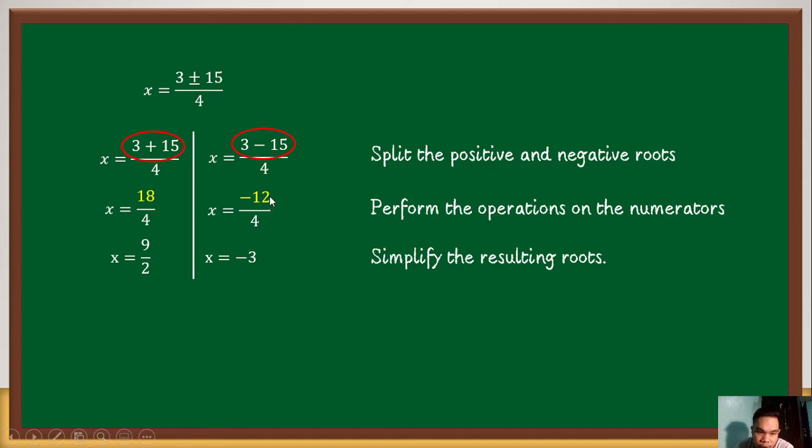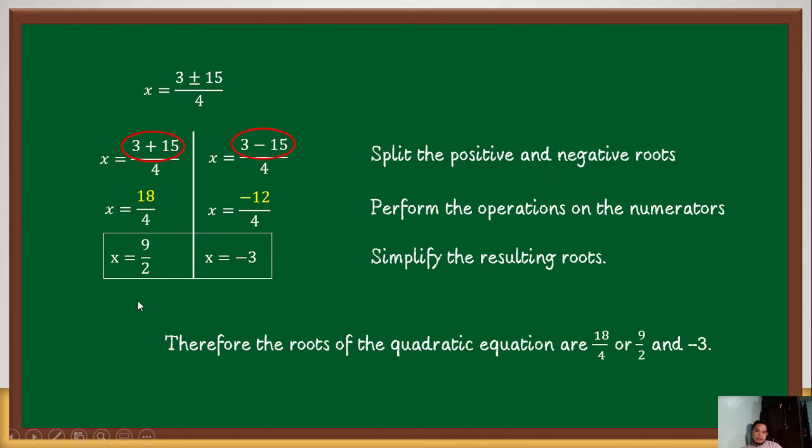And if we simplify negative 12 over 4, that will give us negative 3 over 1, or just negative 3. Now, for the final answer, therefore, the roots of the quadratic equation are 18 over 4, or 9 over 2, and negative 3. Okay, either way from 18 over 4 o kaya naman kay 9 over 2, kahit alin dyan ay i-consider ko na. Okay?